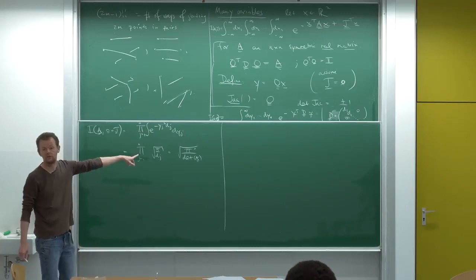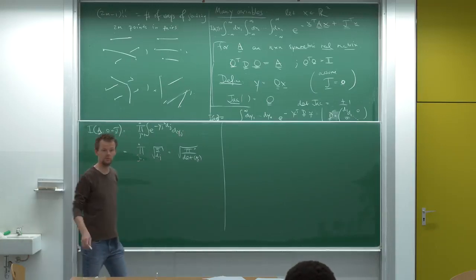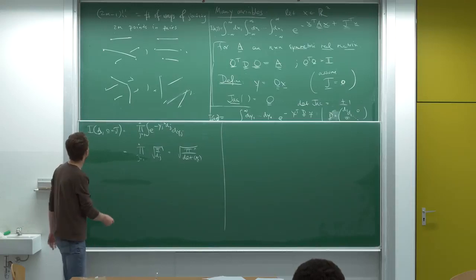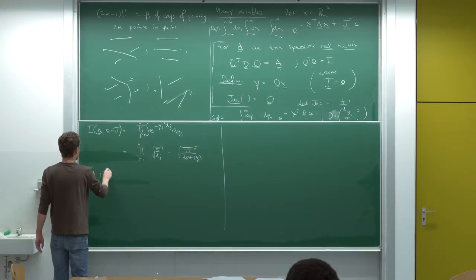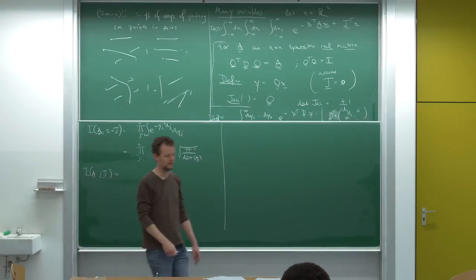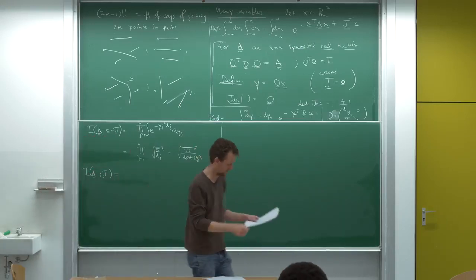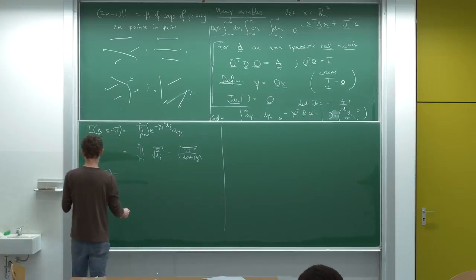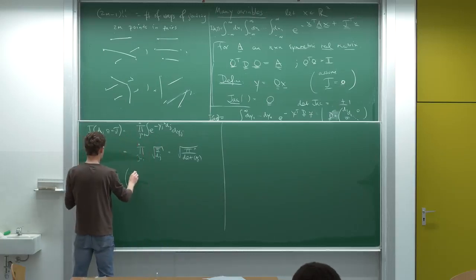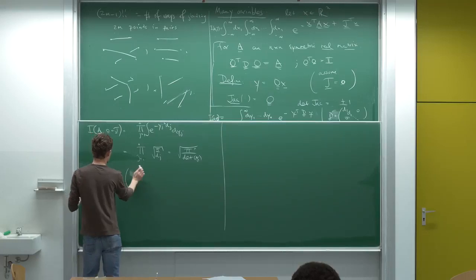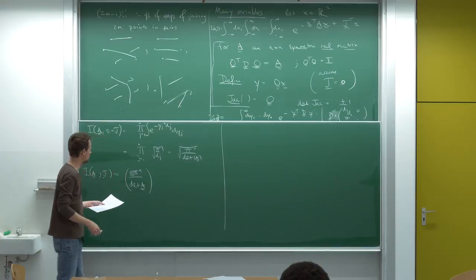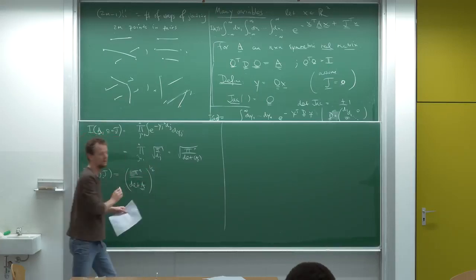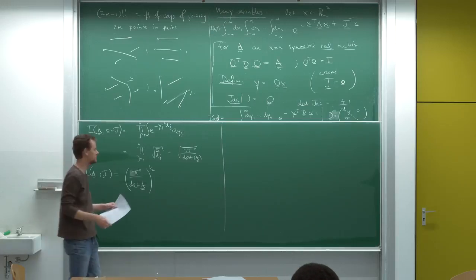Now, your task is to generalize this to the case where j is not 0. I'll write out the answer, but you still have to do the work. And I actually will have to look at my notes. All right, that one's for free. Oh, yeah, there's a half here. You get that for free. You knew that was coming.